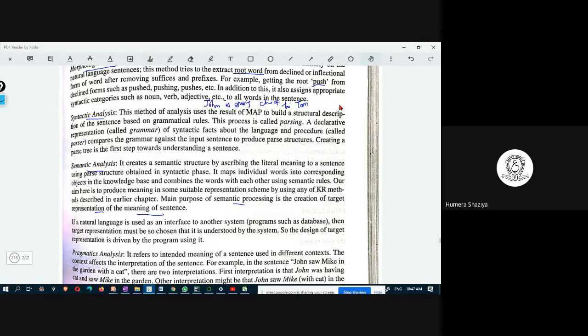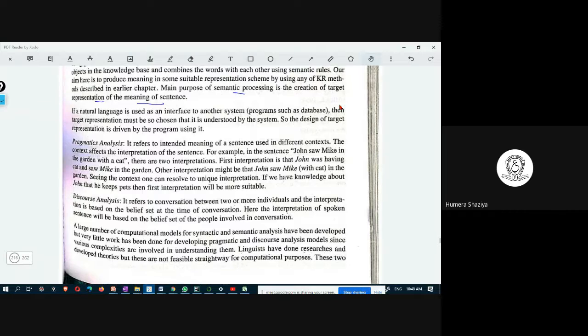This giving, you obtain the root word of this giving by using morphological analysis, to the word give. And then give is a verb, and verb give means something is given. So what is that something? Now that something is chocolate, like that meaning is derived.